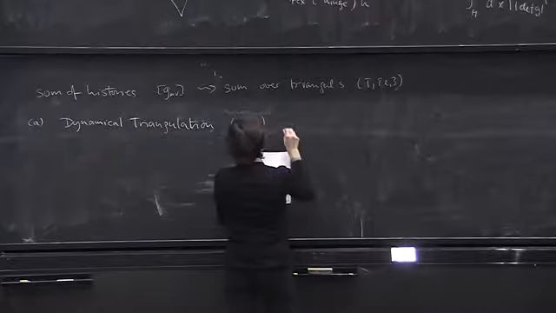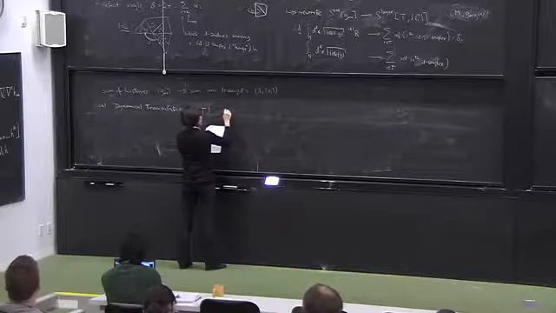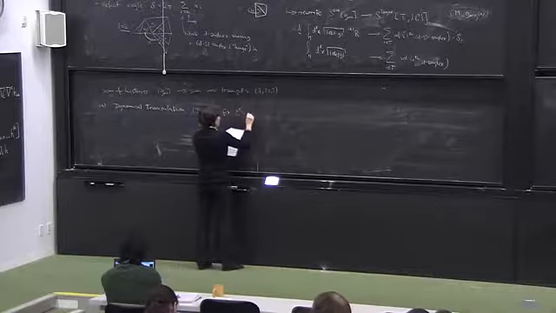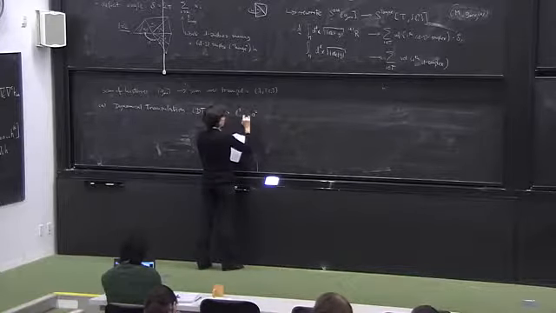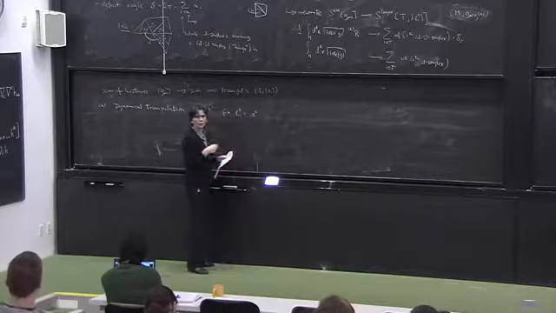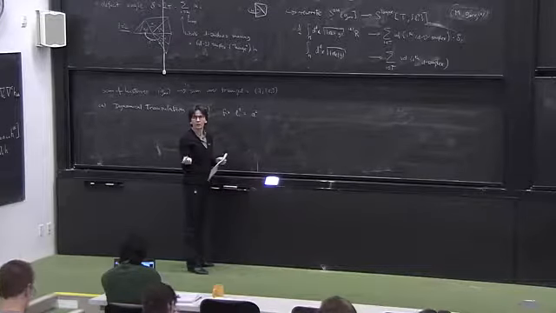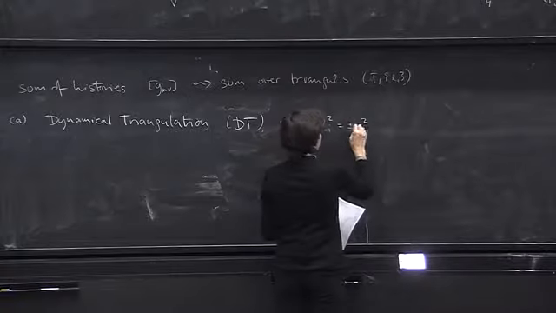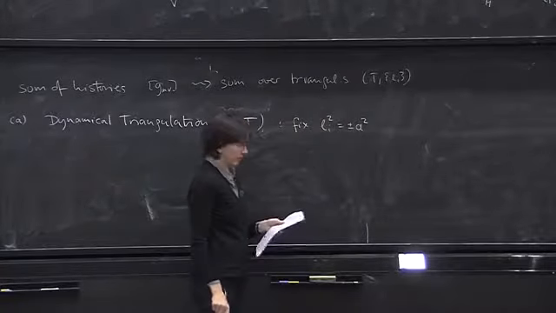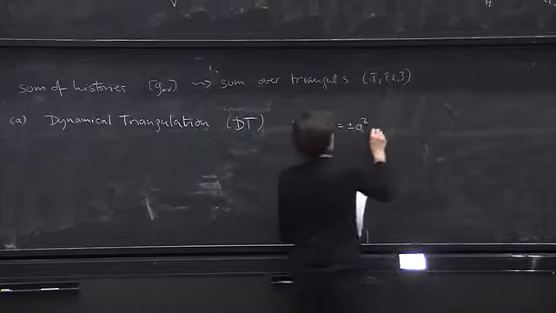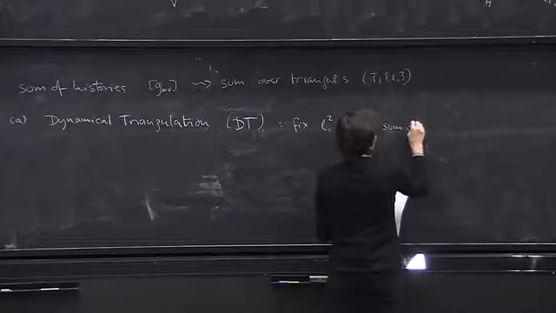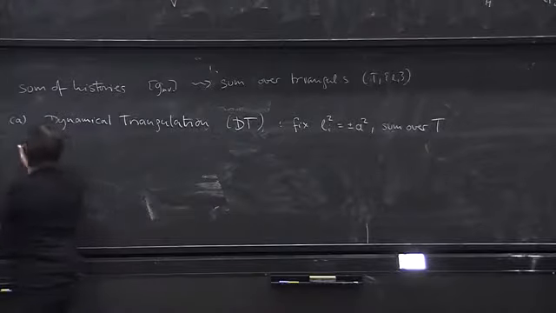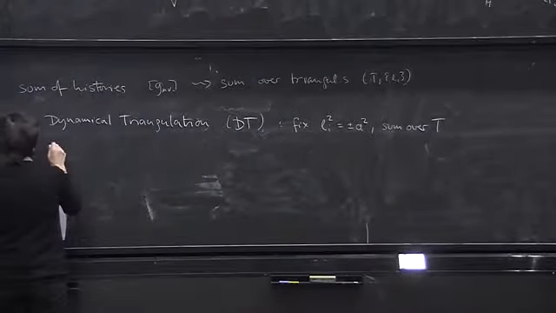So I'll explain this in a second a little more. So you fix all Li squared to one length. And okay, if you want to allow yourself the possibility, say, to have time and space-like edges, you can do it like that. And then you sum in the path integral over T, and B is a different way.